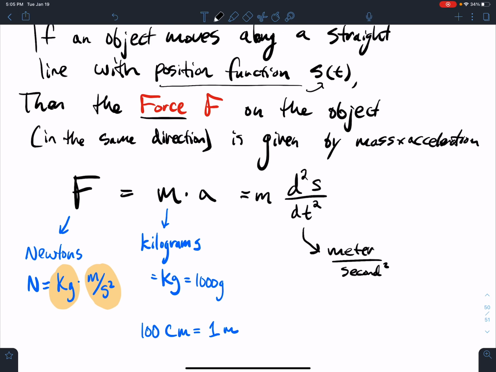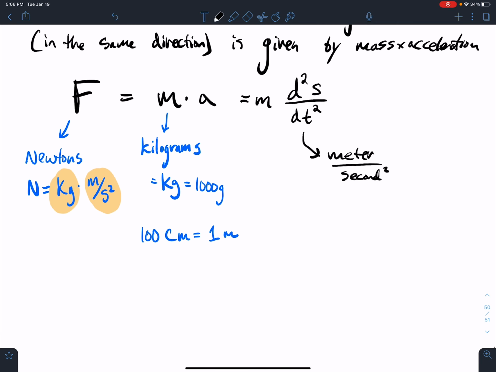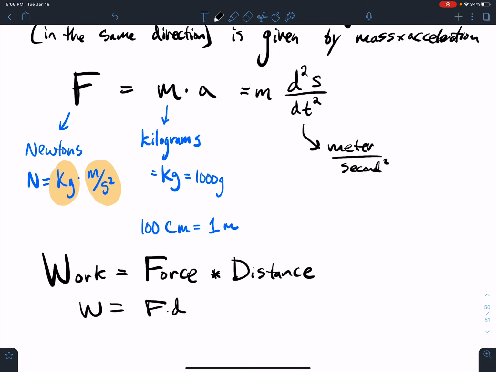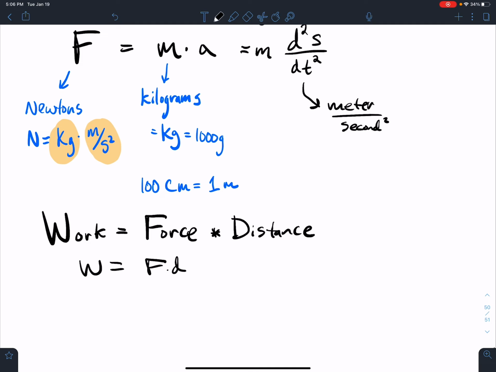So what is the definition for work? Work is equal to the force times the distance. All right, so W equals F d. And work is defined in newton meters. A newton meter is also known as a joule.